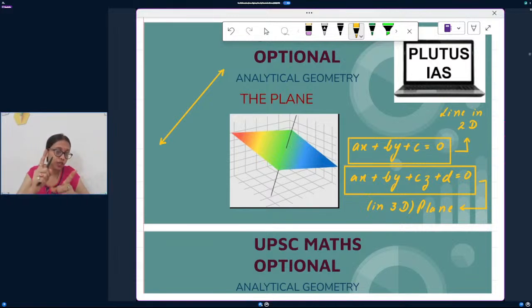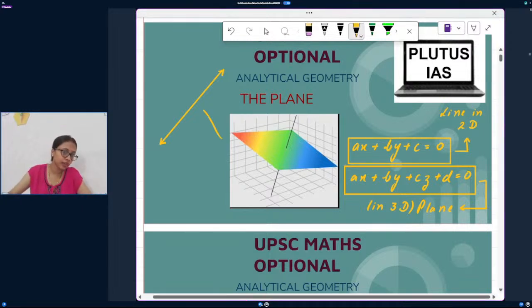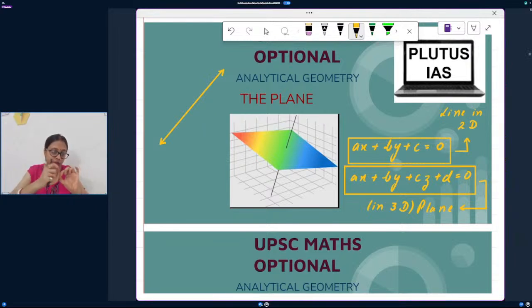So these arrows are actually telling me that the line divides my whole plane into two parts, one above the line, one below the line, or one on the left side, one on the right side, whatever you say. There are only three situations possible: on one side of the line, on the other side of the line, or on the line.